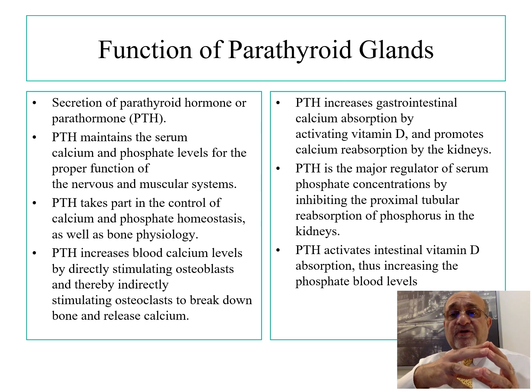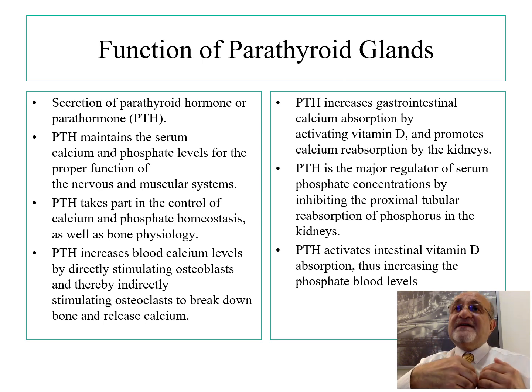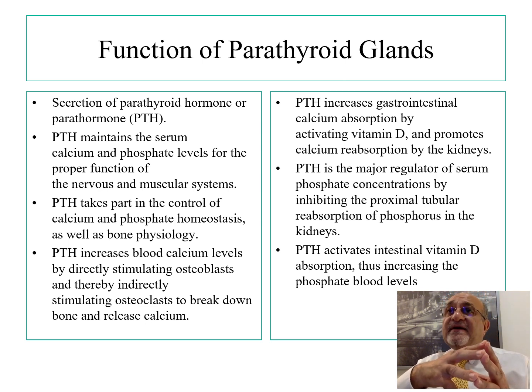The parathyroid hormone increases the gastrointestinal calcium absorption, the uptake, by activating vitamin D, and it promotes the calcium reabsorption by the kidneys. So it takes back the calcium again.